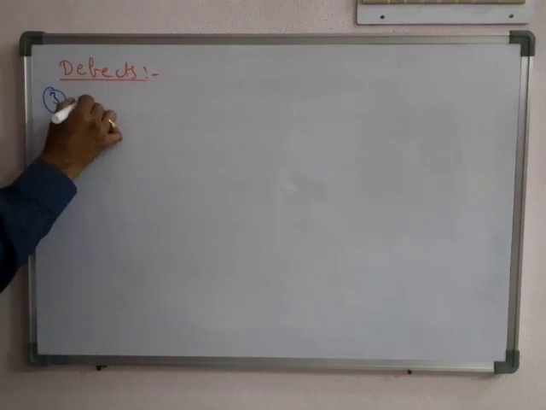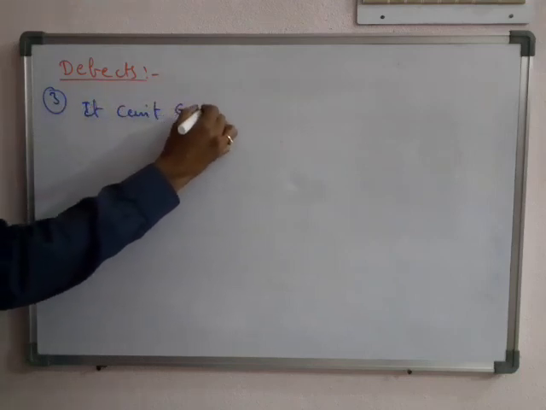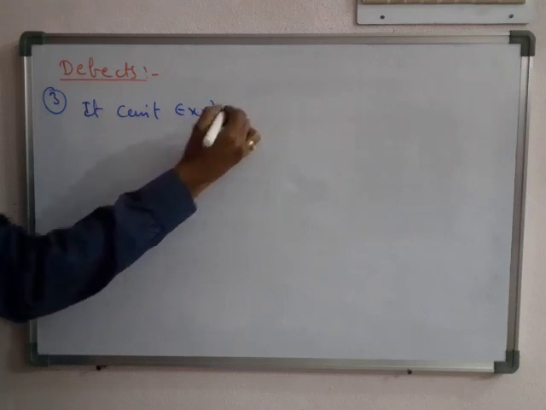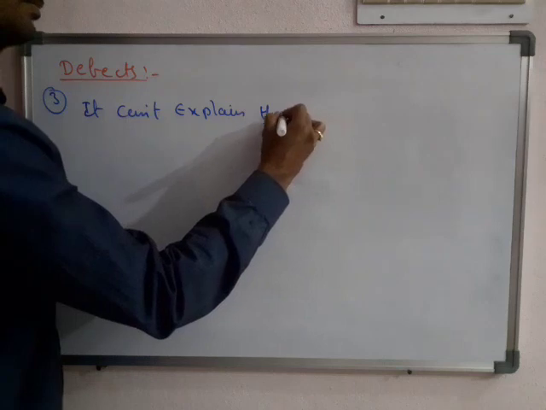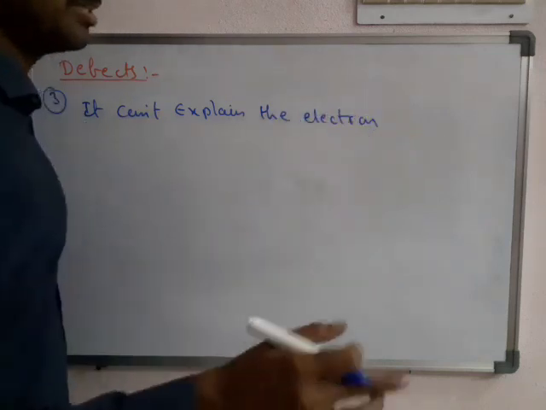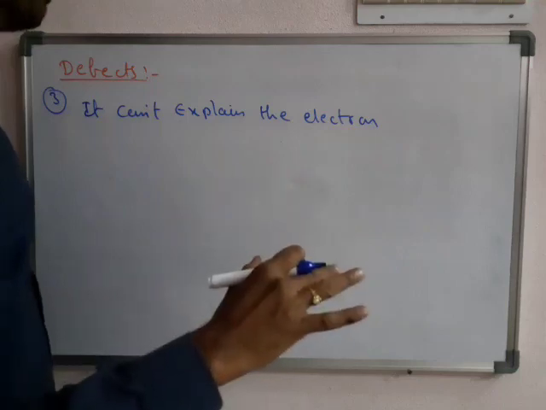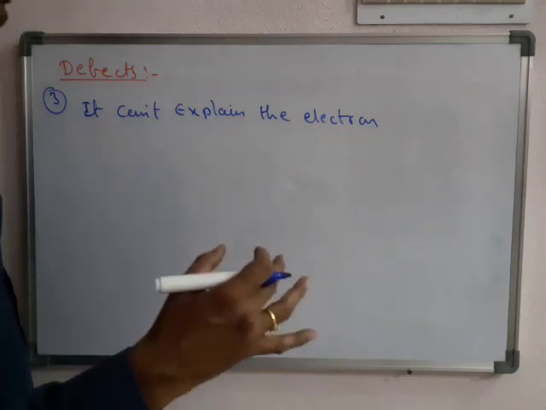So here we can write the last point. It cannot explain the electronic structure. Electronic structure means in which circular path how many electrons are present. Generally, we know it as electronic configuration.